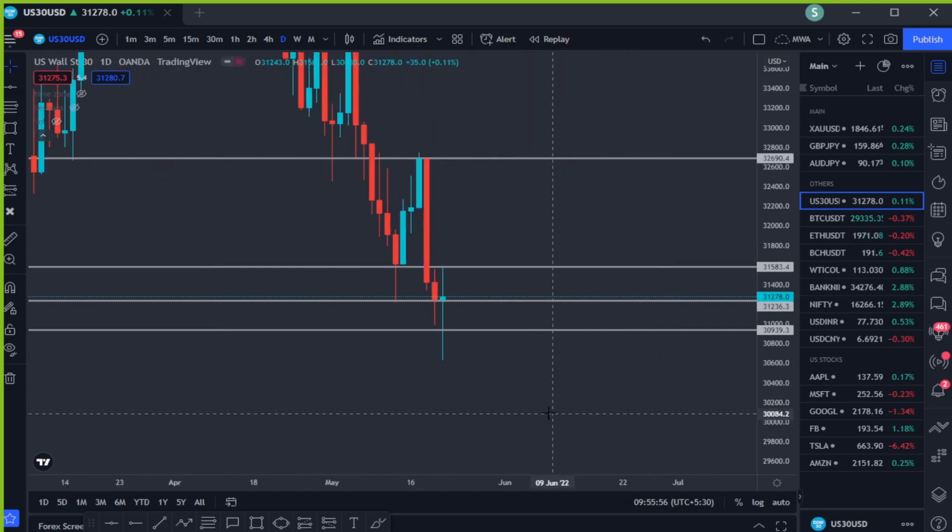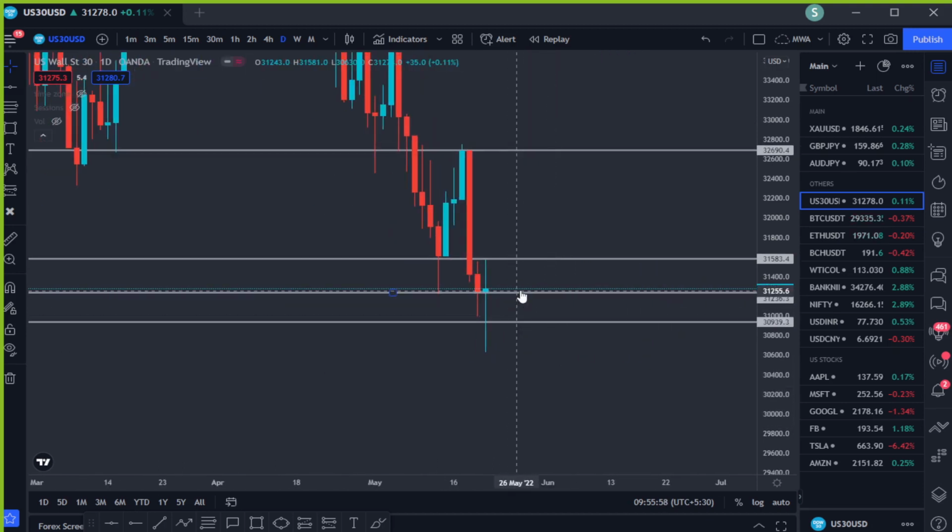So what we know now is that we will wait for one more daily candle. The next daily candle is going to give us better direction, because if we have the next daily candle close bullish above this resistance, then we can expect the price to move to the next resistance, right?